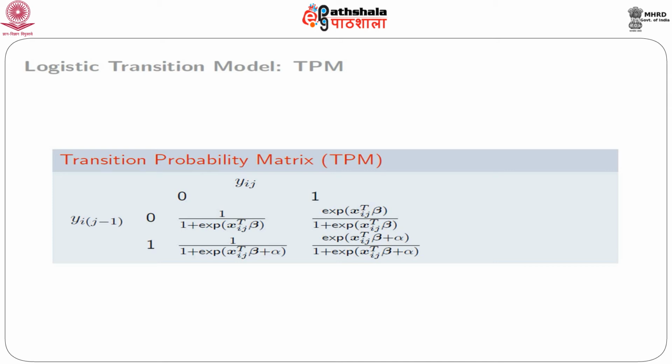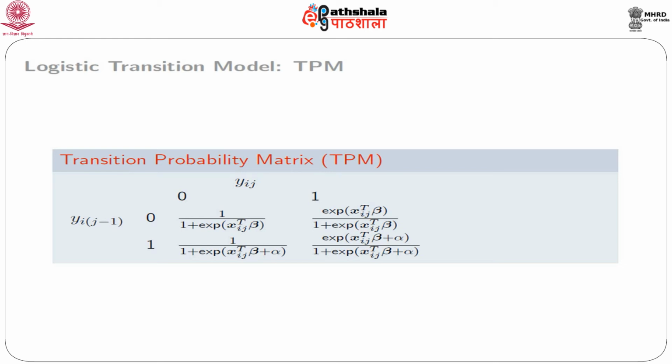The entry is 1 divided by 1 plus e to the power X_ij transpose beta, for Y_i,j-1 equal to 0 and Y_ij equal to 0. For the other row, it is basically the same, but with e to the power X_ij transpose beta plus alpha. If we do the row sum, it comes out to be 1, meaning that this is a TPM, the transition probability matrix.